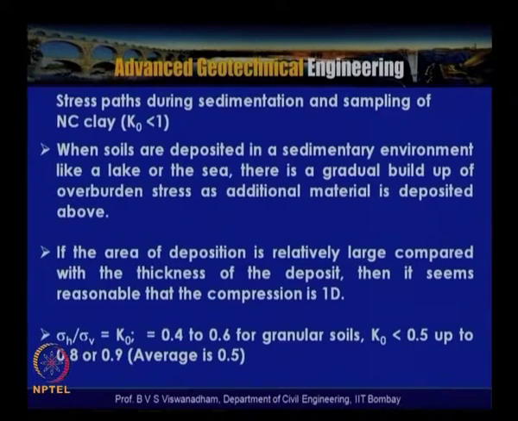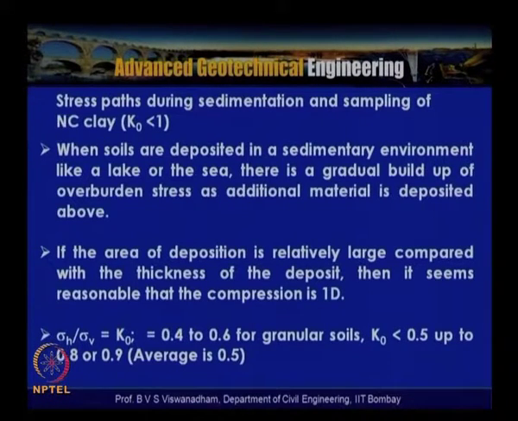The stress paths during sedimentation and sampling of normally consolidated clay are what we are intending to draw. When soils are deposited in a sedimentary environment like a lake or the sea, there is a gradual buildup of overburden stress as additional material is deposited continuously. If the area of the deposition is large compared to the thickness of the soil deposit, then it is reasonable to estimate that the compression happens in one dimensional direction.